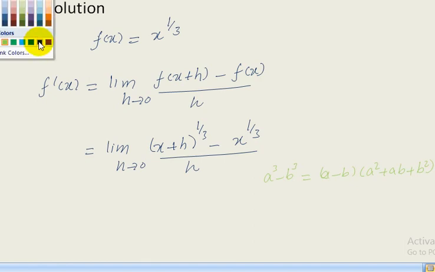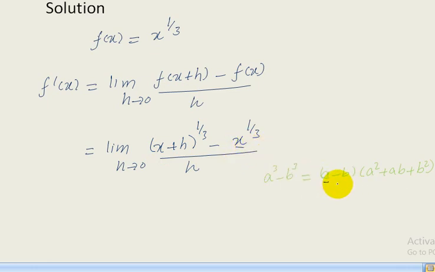In order to apply this formula, consider cube root of x plus h is equal to a and cube root of x is equal to b. In order to apply this formula, we need this factor a square, ab and b square. Here a is our cube root of x plus h and b is cube root of x.